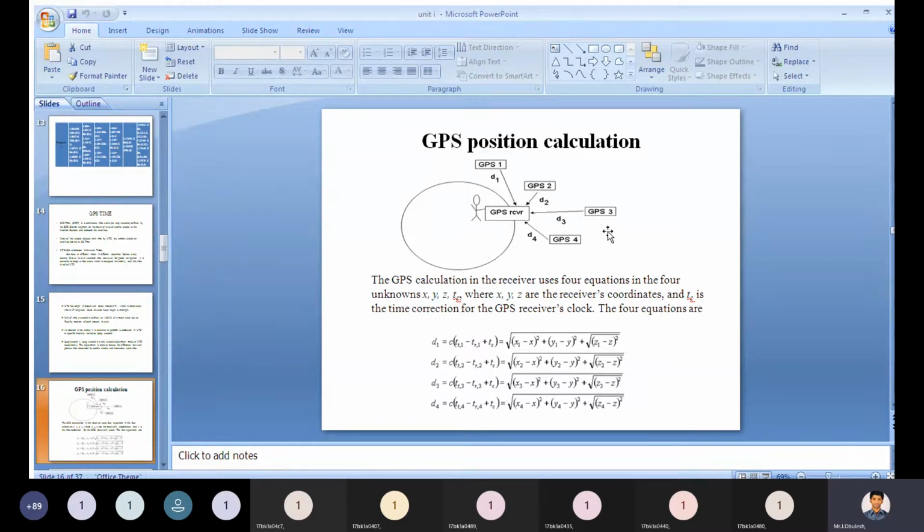D3 also: (x3 minus x)^2 plus (y3 minus y)^2 plus (z3 minus z)^2. Similarly, D4 is the square root of (x4 minus x)^2 plus (y4 minus y)^2 plus (z4 minus z)^2.